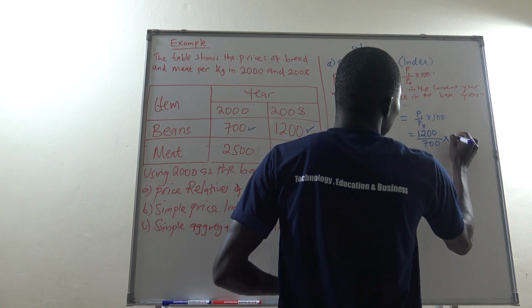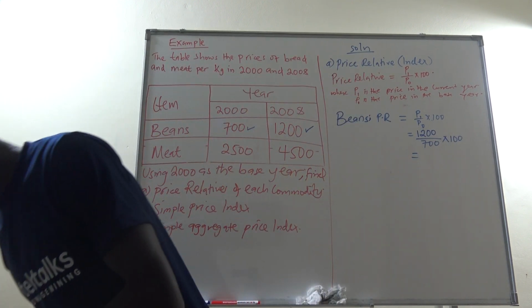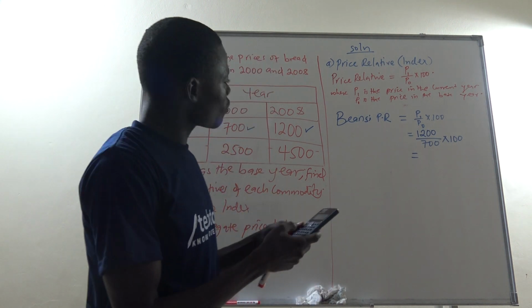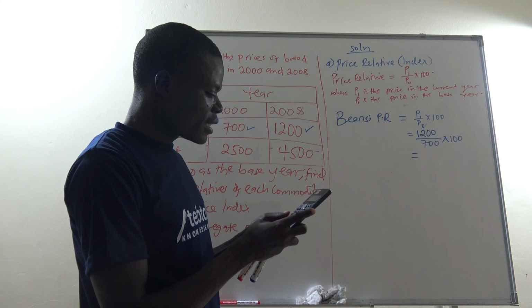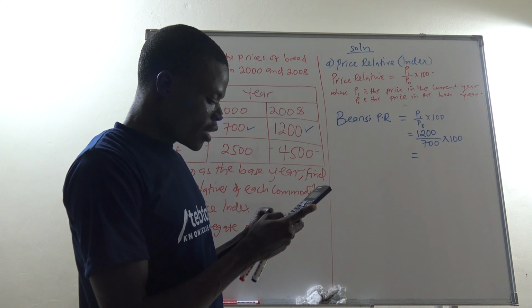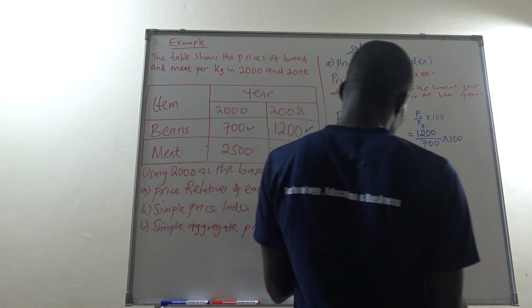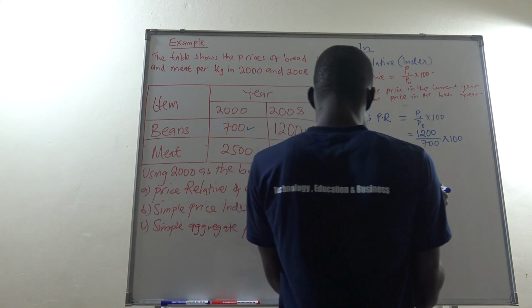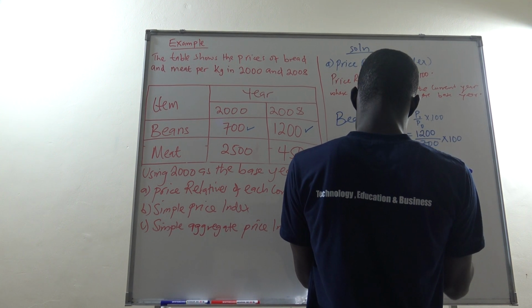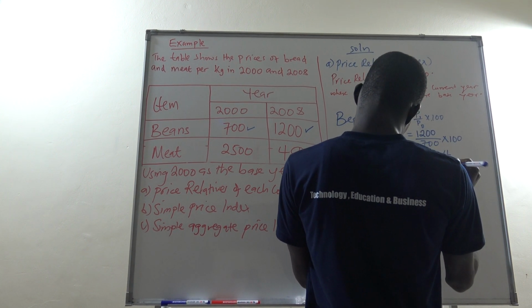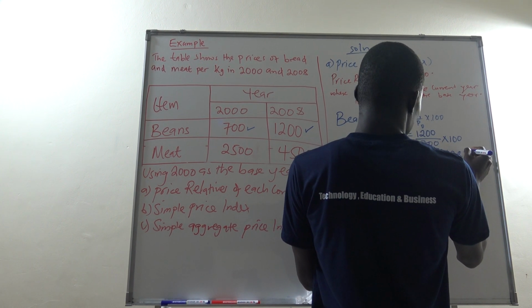Times 100. So the answer you get here, let me use my calculator: 1200 divided by 700 and then times 100. The answer we are getting is almost 171.4286.